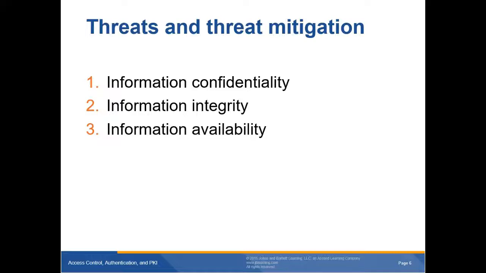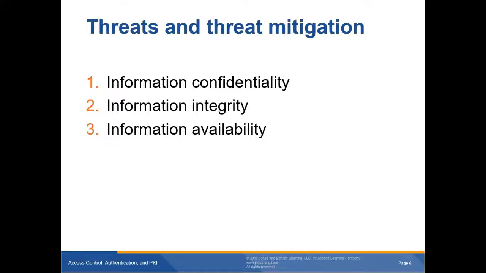Confidentiality means ensuring that private or sensitive information is not disclosed to unauthorized personnel. Integrity means ensuring that data has not been modified without authorization. How do we make sure that our data is safe? Who has access to the database? Availability means ensuring that information is available to authorized users when they need it. Someone doing their job needs to get to certain information, and they have to have availability.